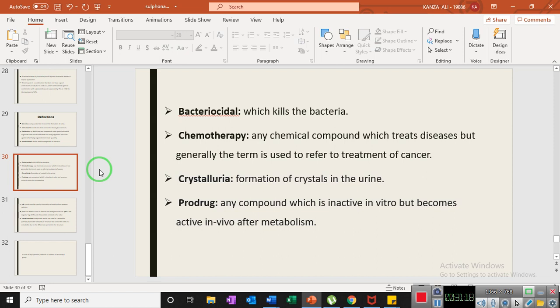Those initially studied terms are now applied here to resolve the problem of crystalluria.